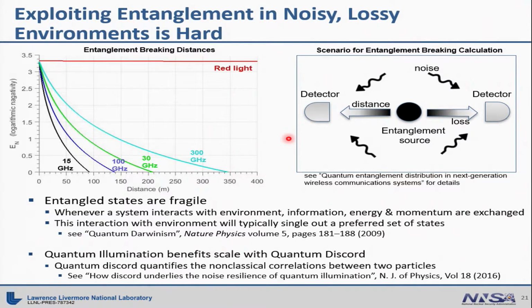And it turns out that every single time you have an interaction and the entangled photon gives up some information to the environment, that photon's quantum state starts to become more and more consistent with the information that was disseminated when you had an interaction.